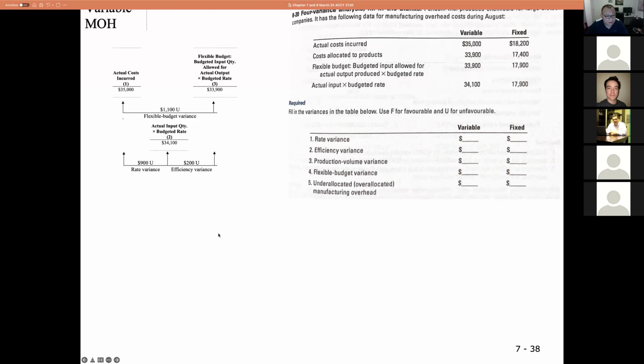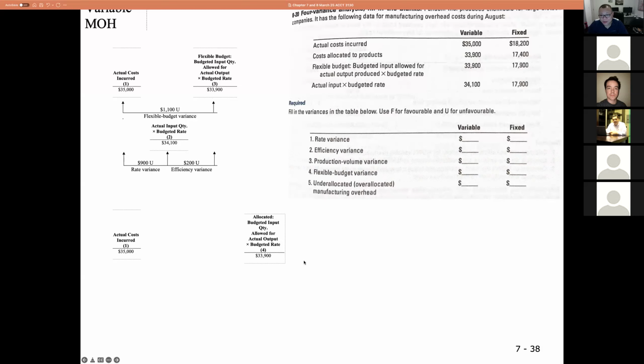And last, allocated. So the actual versus allocated. What is that difference? 33,900. So actual total variable overhead variance. Yeah, total variable overhead variance.